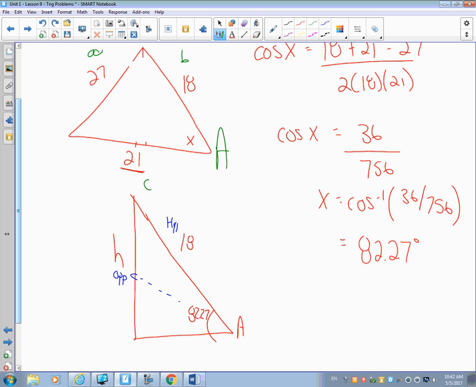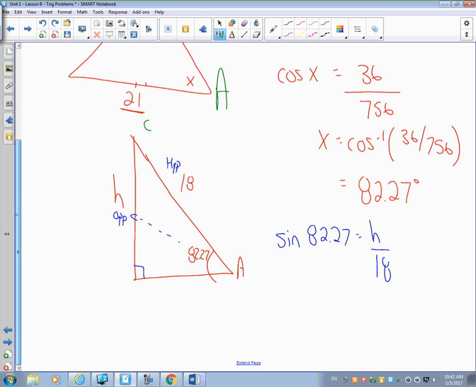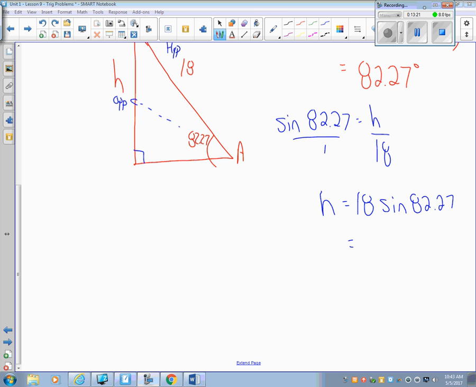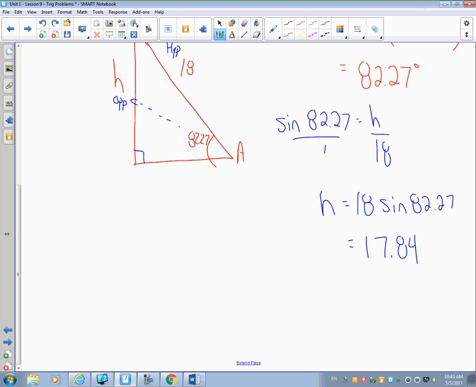This is the hypotenuse, because the right angle is right here, which tells me I can use the sine of 82.27 equals opposite h over 18. And we're going to cross multiply. So 18 times sine 82.27. Using our calculators, we'll get 17.84. So the height of my triangle is 17.84.